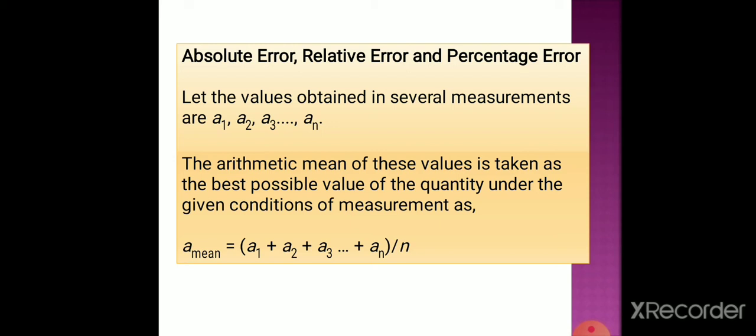This arithmetic mean is represented as A mean, which is equivalent to (A1 + A2 + A3 + etc. up to AN) divided by N, where N represents the total number of observations.